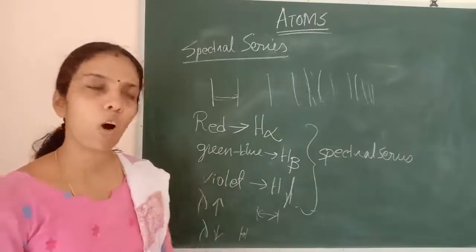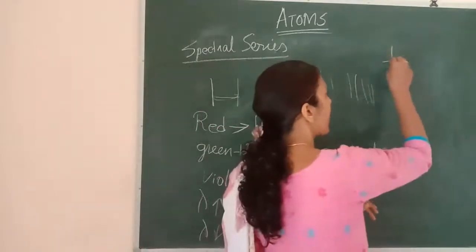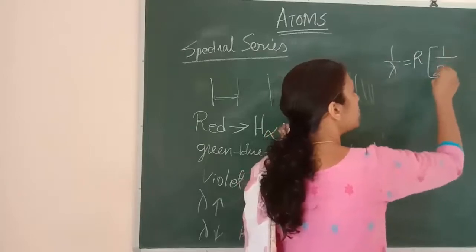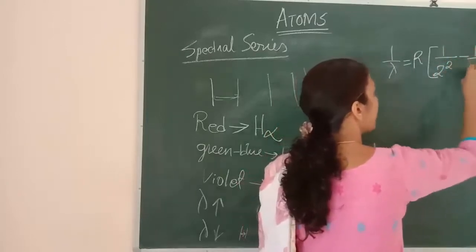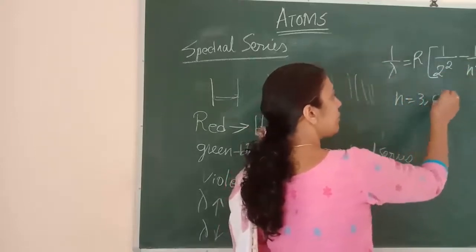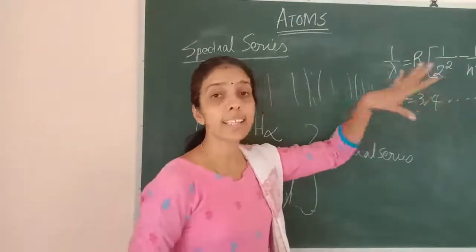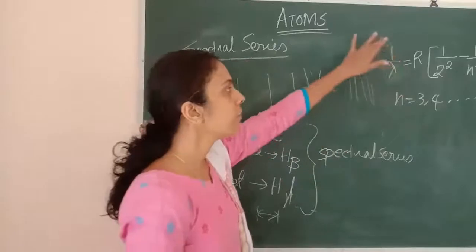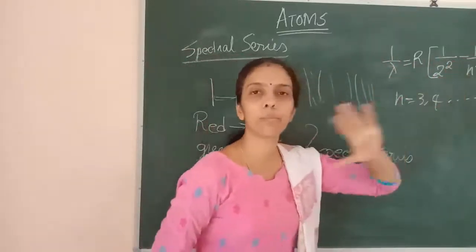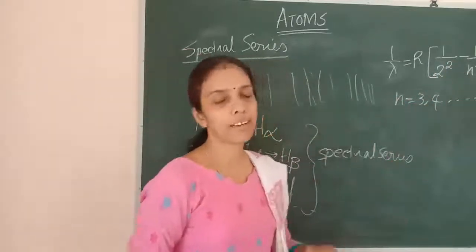He gave the formula for this spectral series as 1 by lambda equals R into (1 by 2 square minus 1 by n square), where n equals 3, 4, 5, etc. Here n is the number of the orbit.